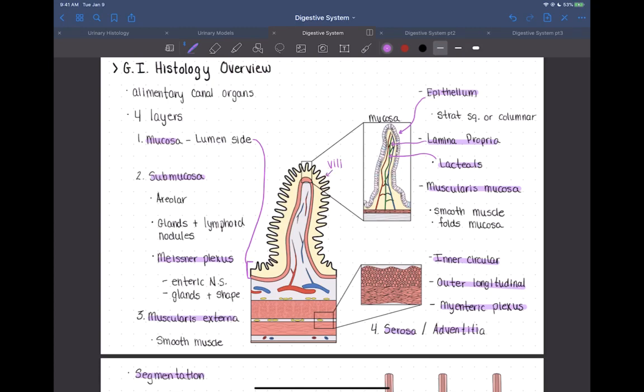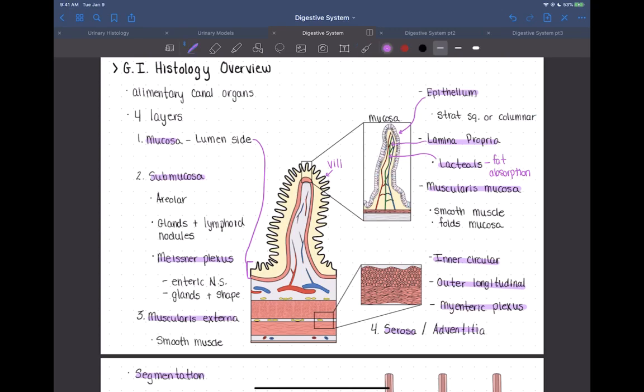Within villi you have lacteals, and lacteals are really important for fat absorption from food, because remember we said fat, being hydrophobic, goes through a special process for absorption. That involves those lacteals, which are in the lamina propria of this mucosa. So all this here is lamina propria, and along here is our epithelium with our simple columnar cells, and a lot of goblet cells as well.